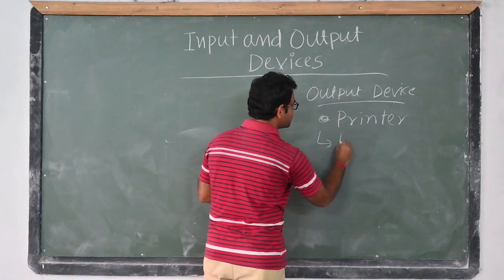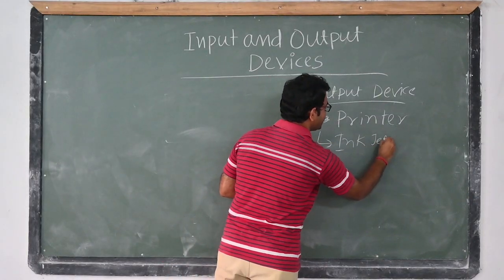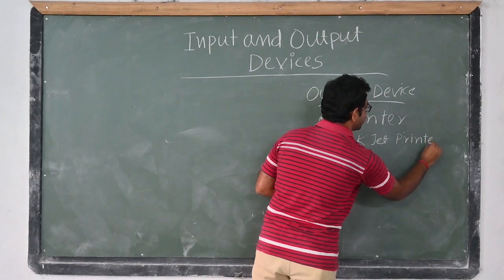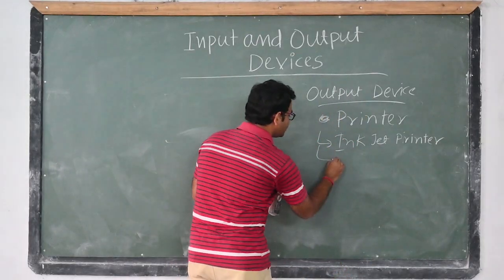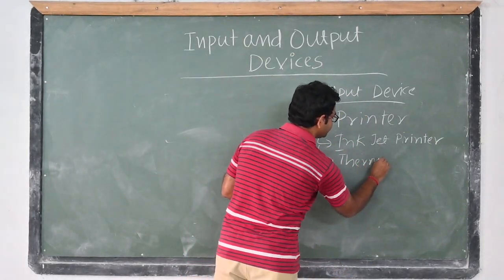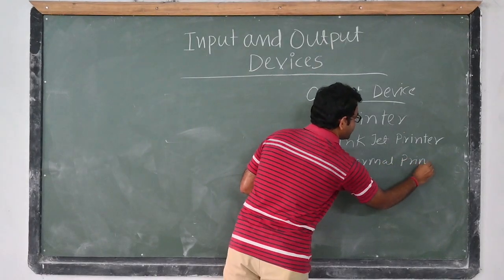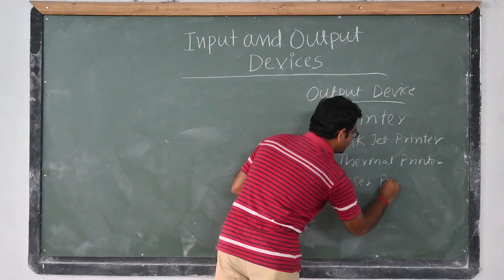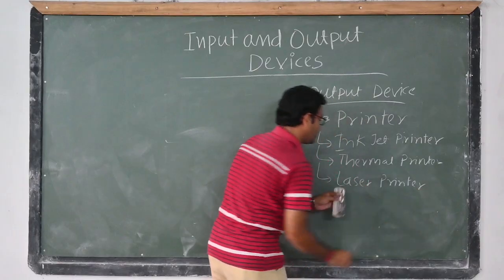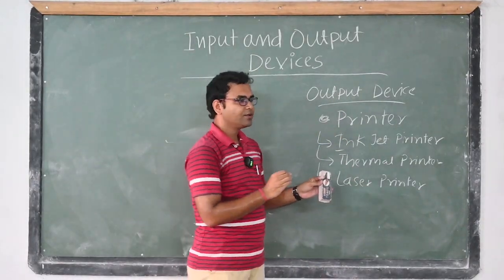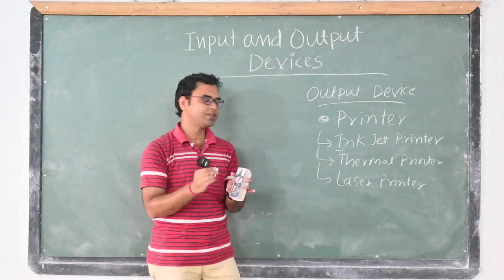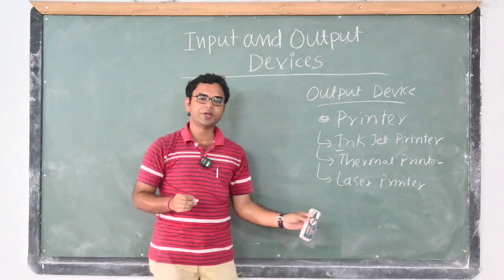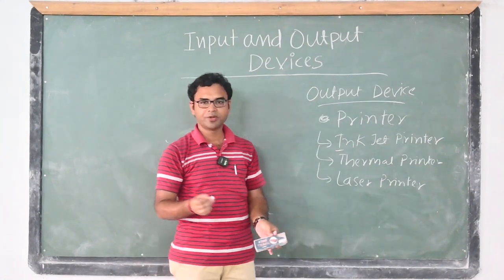First is the inkjet printer, which is used to provide high quality images. Then there is the thermal printer, and another printer used in daily life is the laser printer. The thermal printer generates heat and creates the image on the copy, and the laser printer uses a laser beam to print a copy. So these are the various kinds of printers.